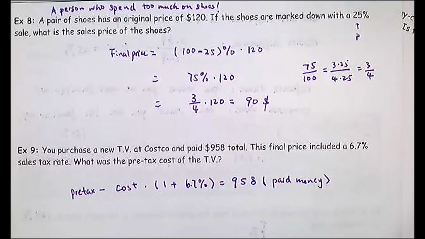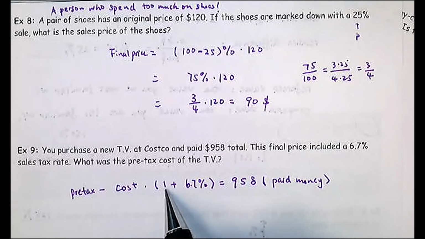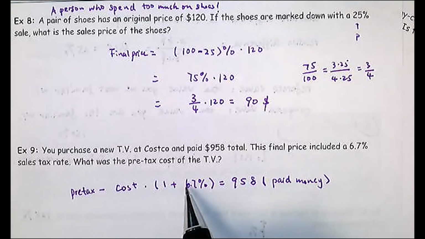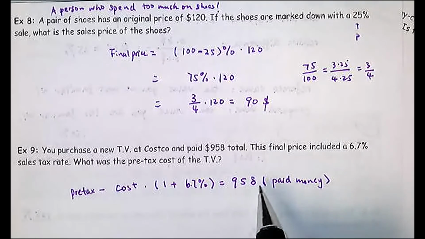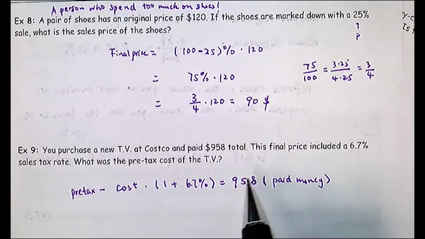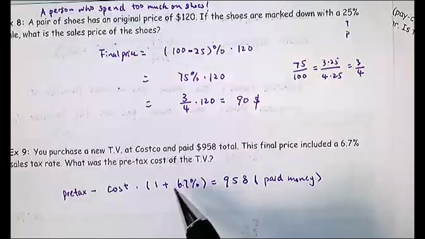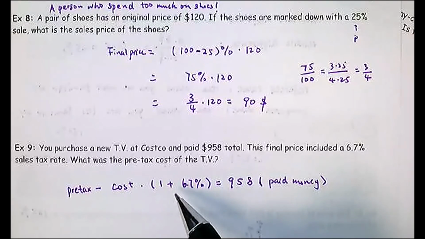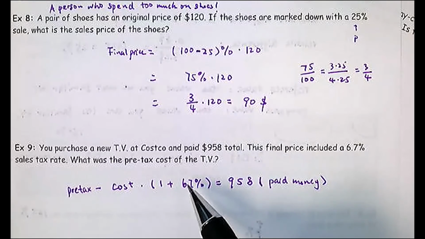So the pre-tax cost times 1, which is itself, and you are also adding the tax, which is 6.7%. Eventually, you get 958. So in this case, we are subtracting, but in this case, we are adding. Okay. Does anyone have any question why we are adding or subtracting? It all depends on the context. Anyone has any concerns on that?